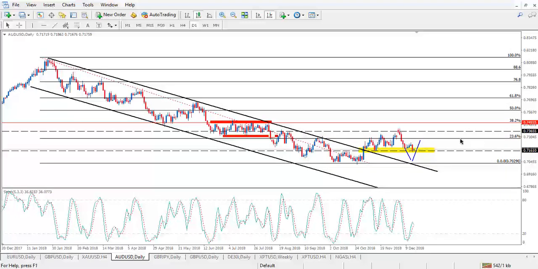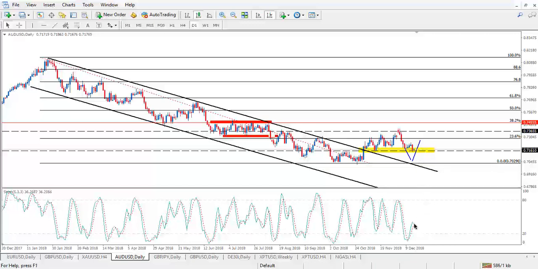So what we can do this week is to wait for the pair to reach the level of 0.7030. This is where we can look for some bullish evidence, and then we can enter the market. We can go long in case some bullish evidence shows up above the level of 0.7030. So the pair continues going down, goes to the level of 0.7030 and then shows some bullish evidence, then we can go long.